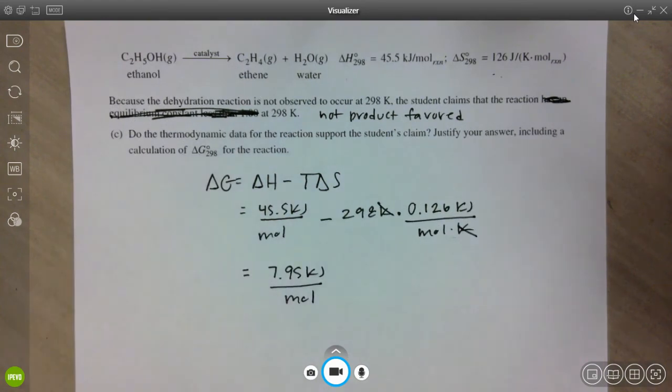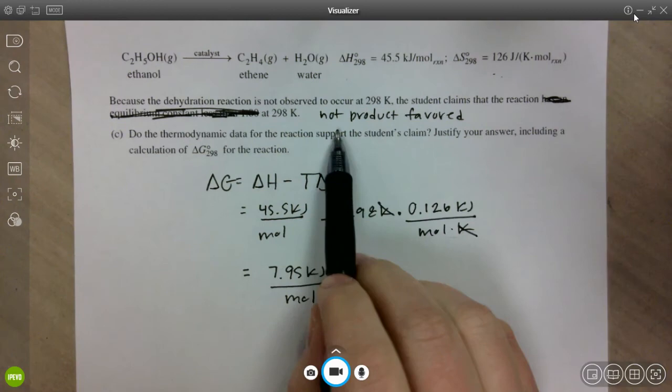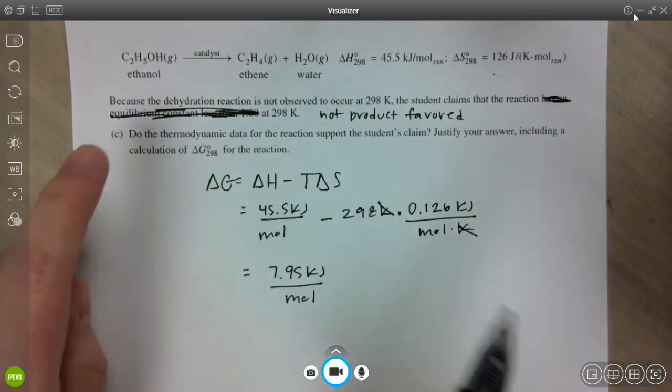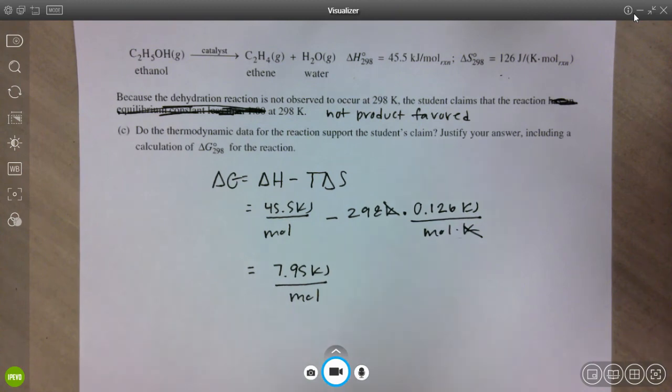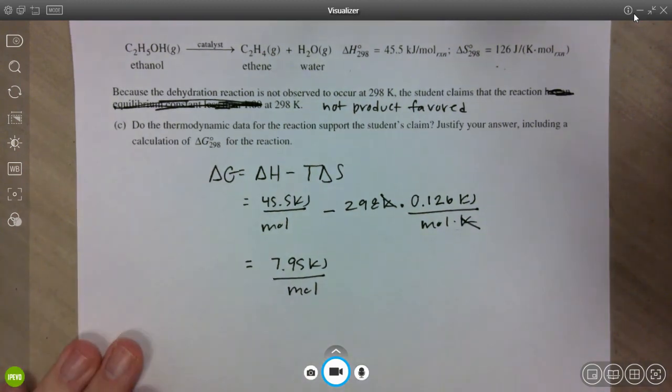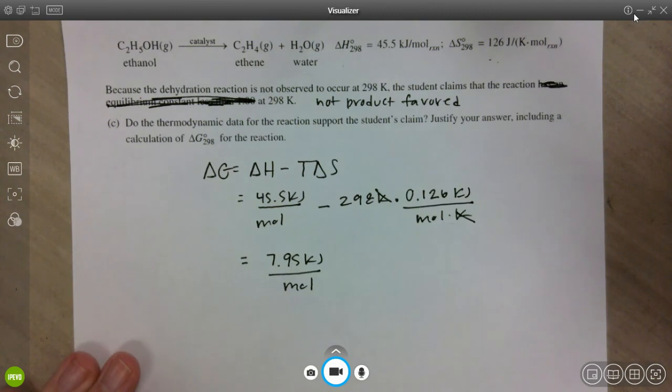So I've done the calculation for the support. Now, in this case, I'm saying it's not product favored. The reason this says equilibrium constant is because it ties it back together, so we'll get into that when we get into equilibrium. But anyways, we'll say it's not product favored. Do we agree with that?